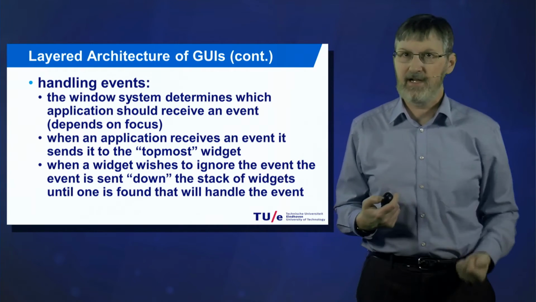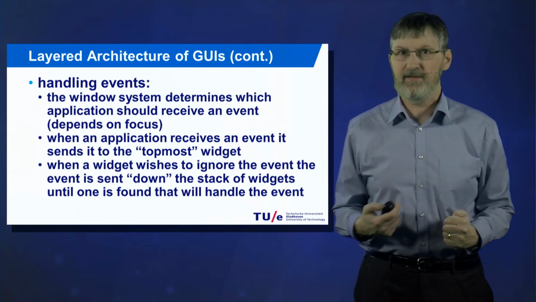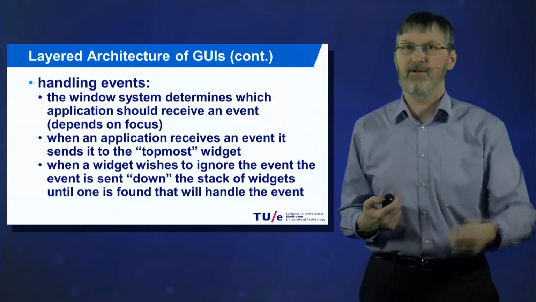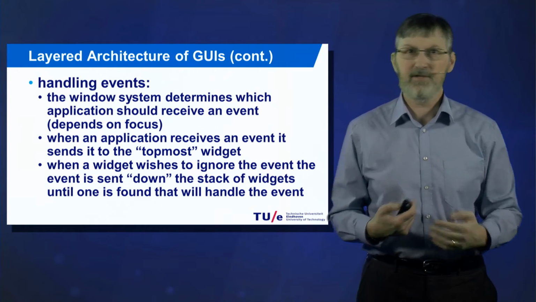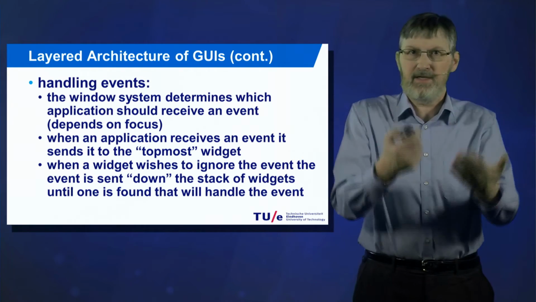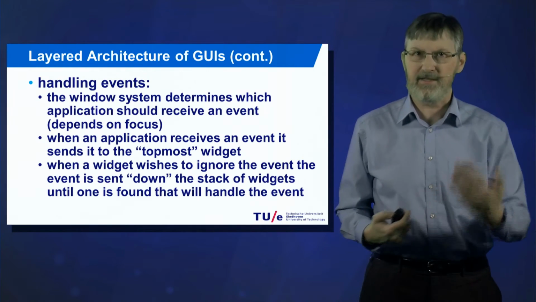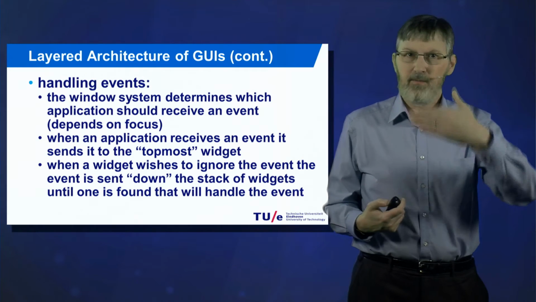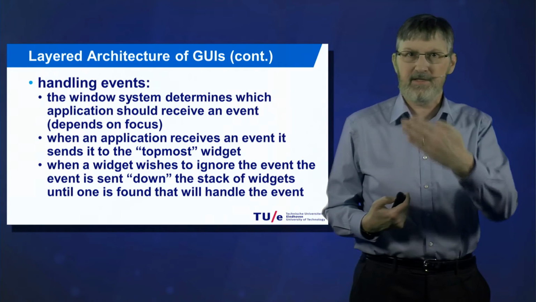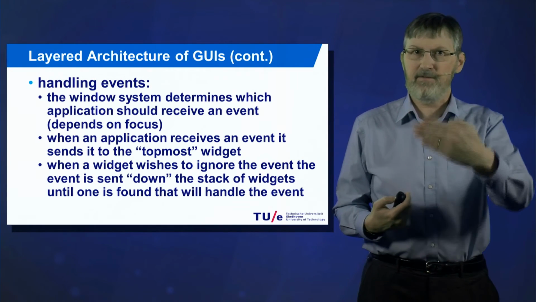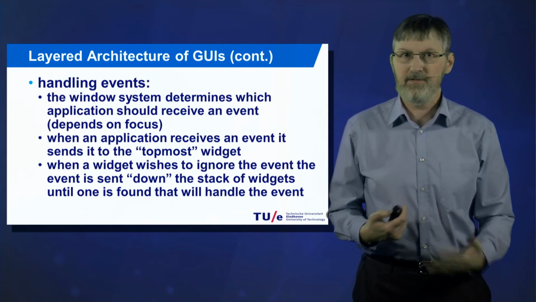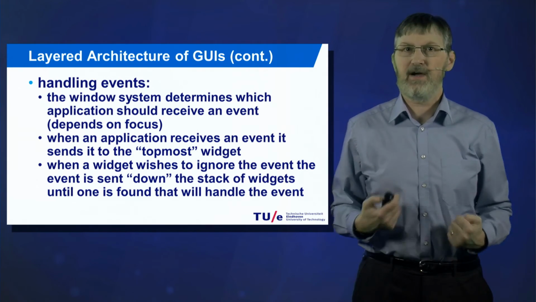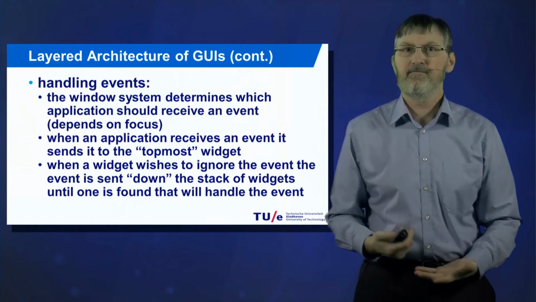The menu itself, when it receives an event, knows the user clicked on a grayed out item. Doesn't matter which item, it just means the user did not click on a real item, so I can now close the menu. So the Windows system and the application transfer the event backwards until some widget is found that will handle the event.